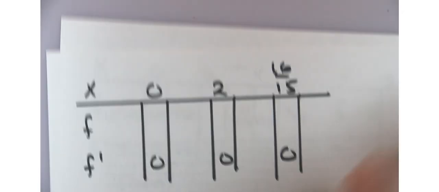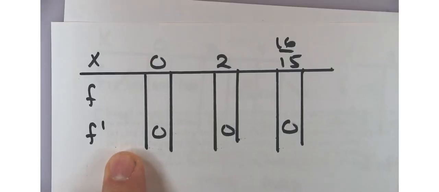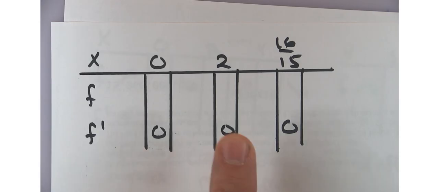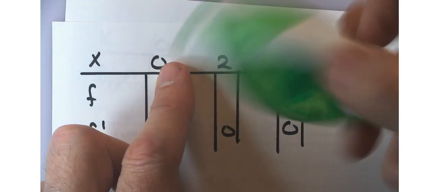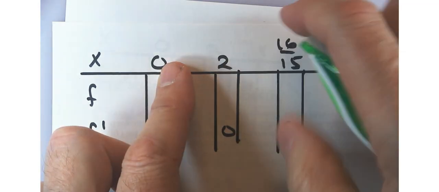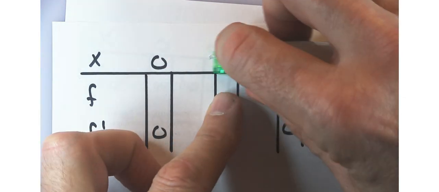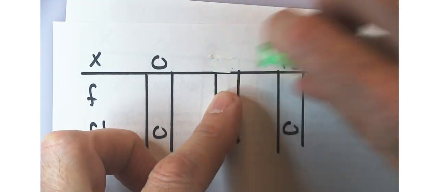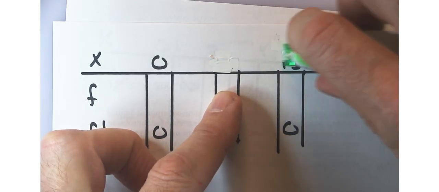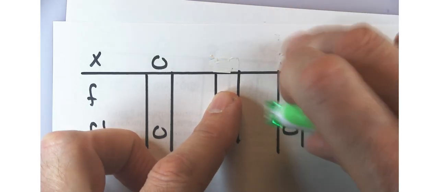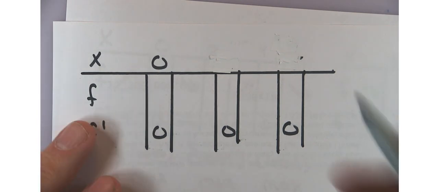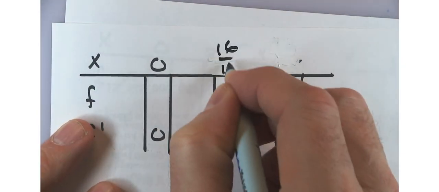So what would be some points that I can test to the left of 0, between 0 and 2, between 2 and... actually, can anyone see a mistake that I made? Yeah, the order is all screwed up. I'd have a hard time trying to find something between these 2 points as written. So, 16 over 15 and 2.